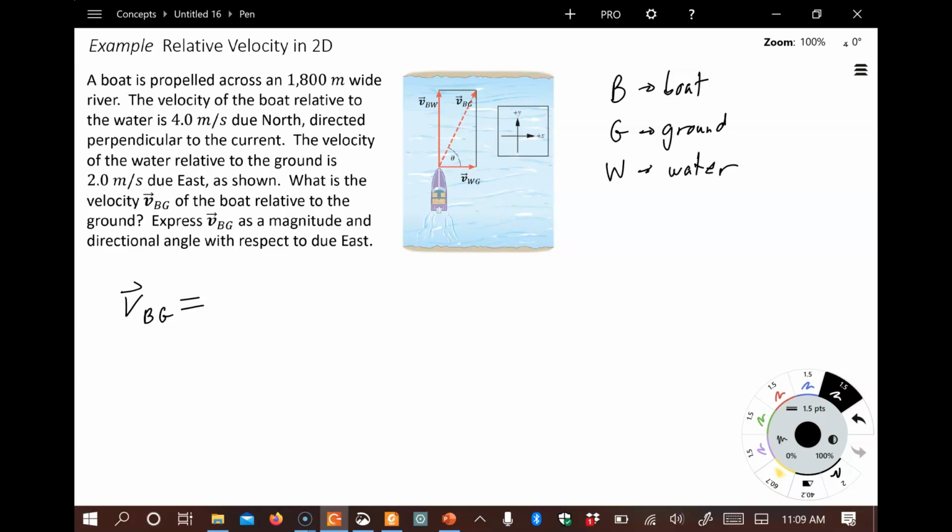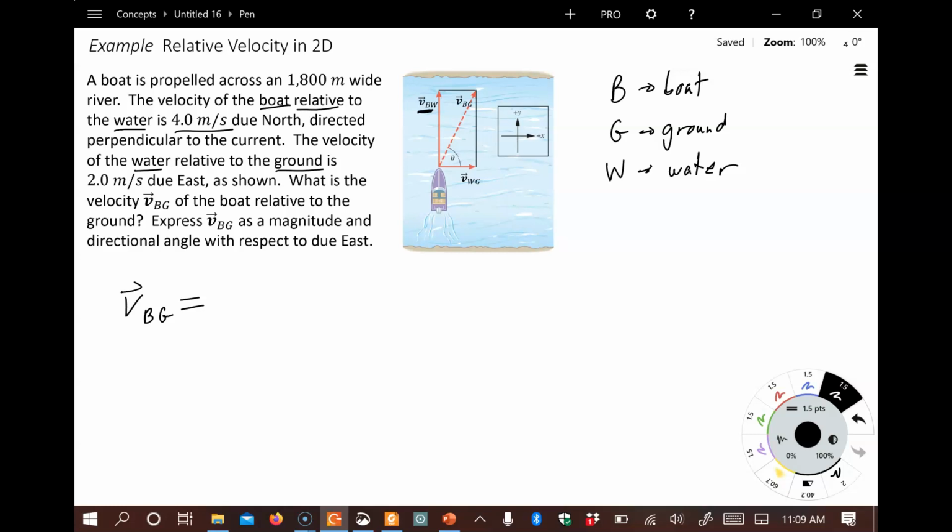We've been given the velocity of the boat relative to the water, and that's been drawn out right here. Similarly, we've been given the velocity of the water relative to the ground. So we do know these two vectors.